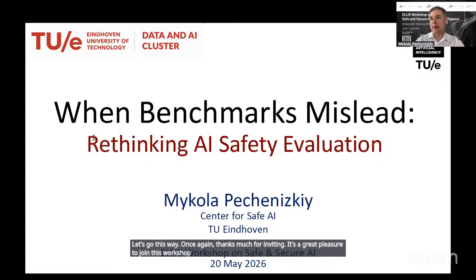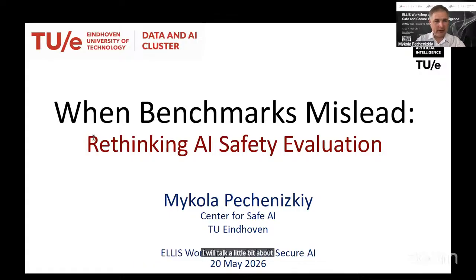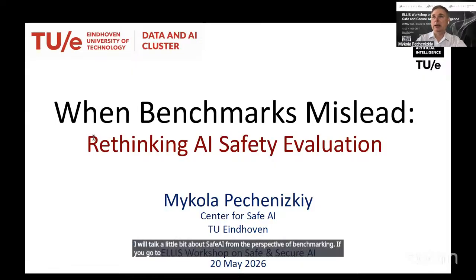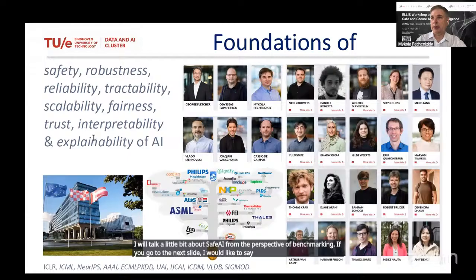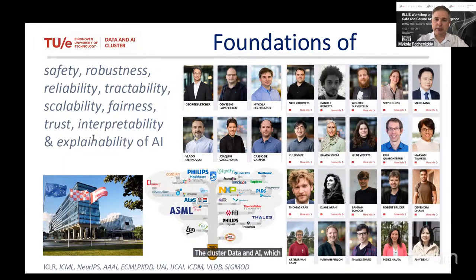I will talk a little bit about safe AI from the perspective of benchmarking. If you go to the next slide, I would like to say just a couple of words about where I come from and what we do in Eindhoven. I'm part of the Math and Computer Science department. We cluster data and AI, which is over 100 AI researchers, doing foundational AI research on robustness, reliability, safety, awareness, and related topics.